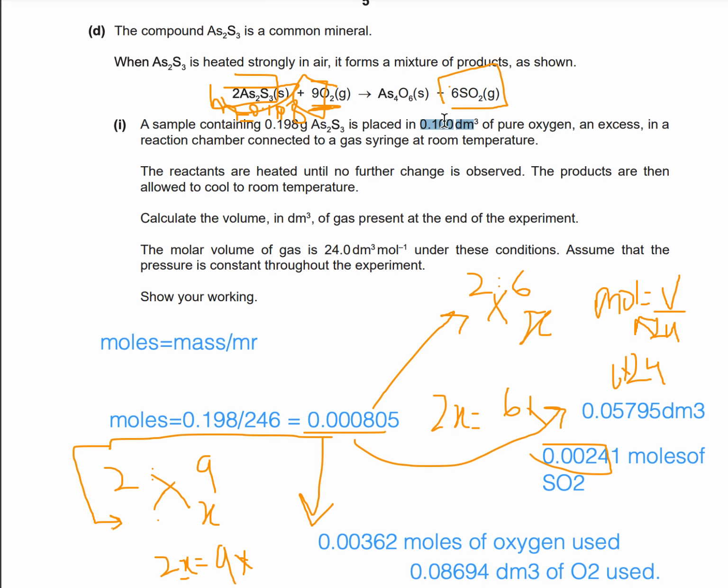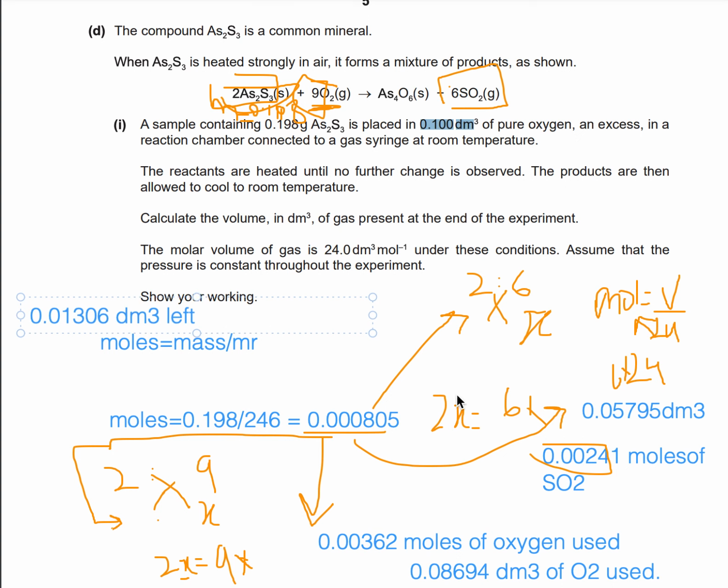So when we subtract 0.0694 from 0.1, we'll get the volume which has not reacted, which is 0.01306 dm cube left at the end of the experiment.